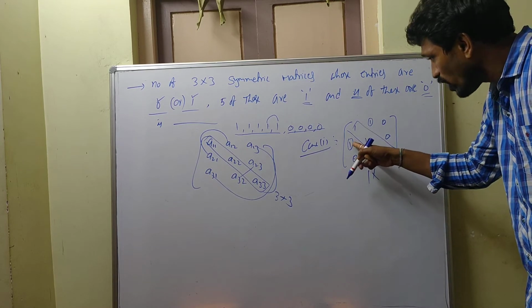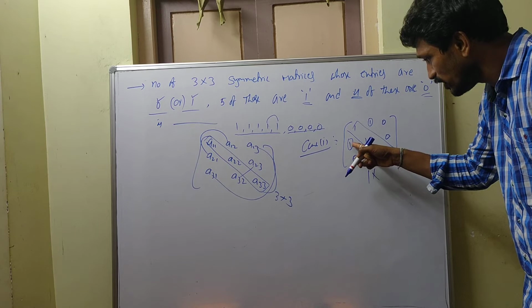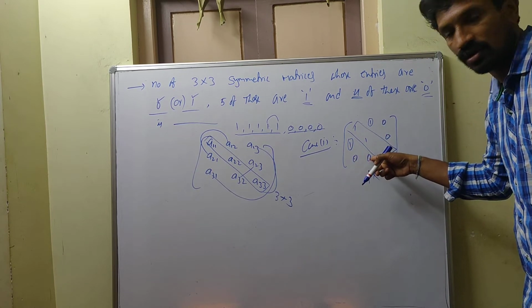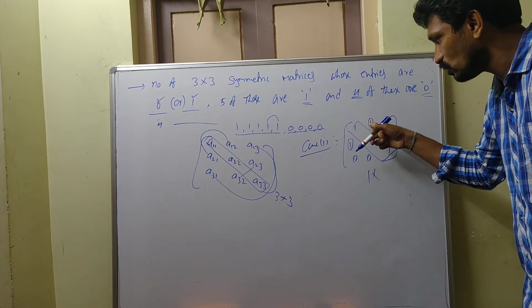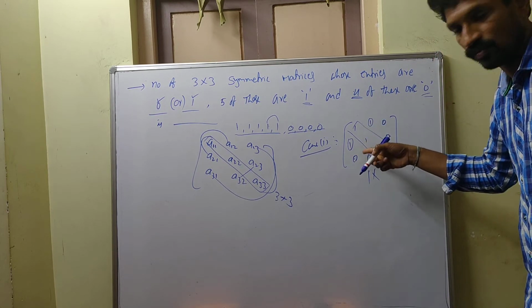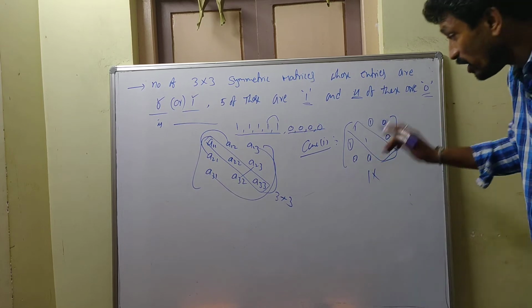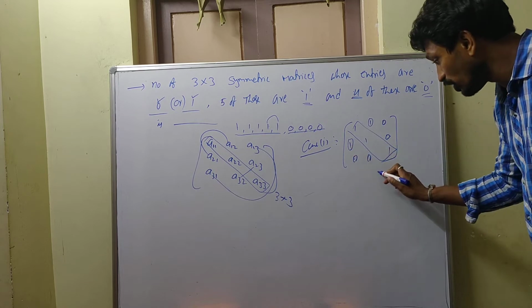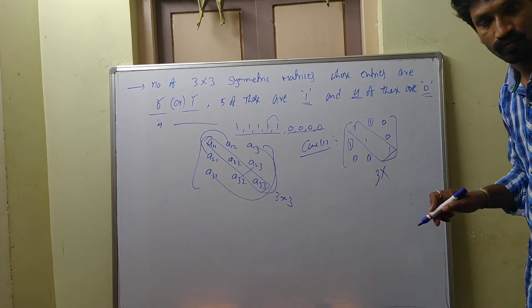That means the position of the ones is not fixed. It can be this position, this position, or this position. Automatically, if you fill 1 here, then here also 1. If you want, here also 1. Any one of them. So how many ways are possible? For the 1, 3 possibilities, total 3 into.